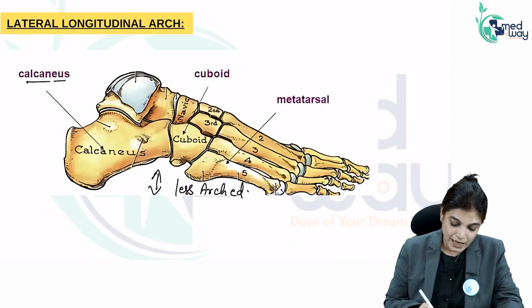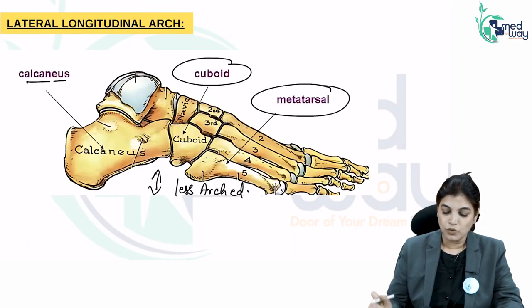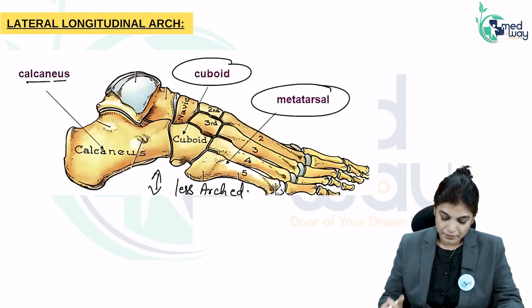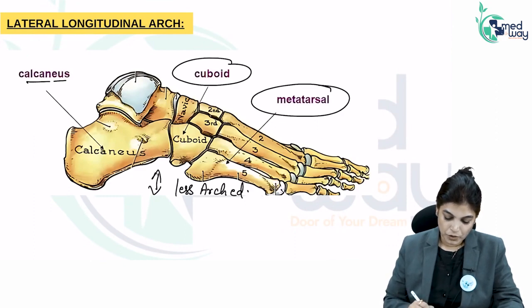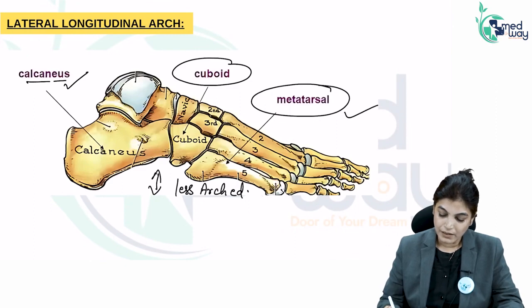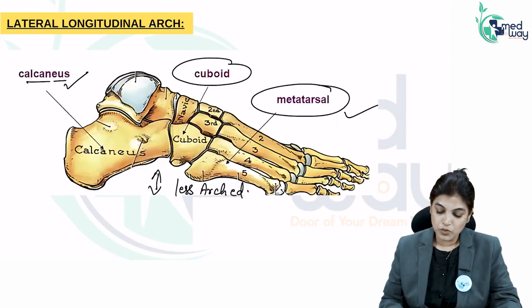It is formed by the lateral half of the calcaneum, the cuboid, and the lateral two metatarsal bones. Here the posterior pillar is formed by the calcaneum bone, and the anterior pillar is formed by the heads of the lateral two metatarsals.